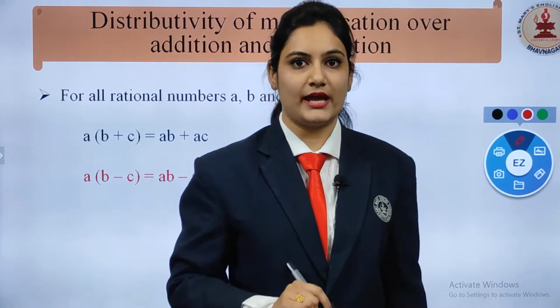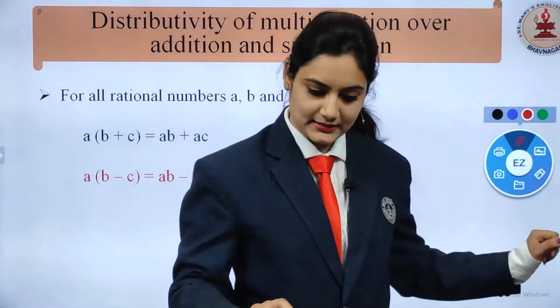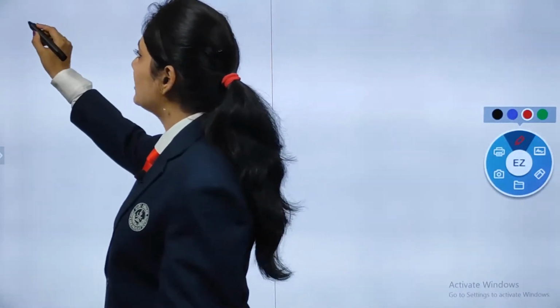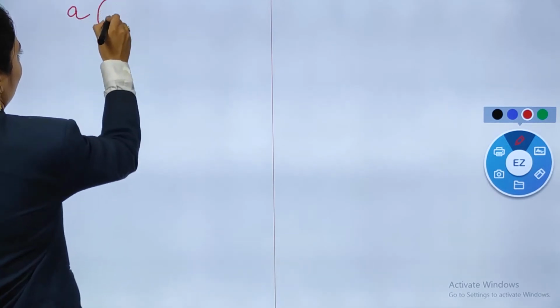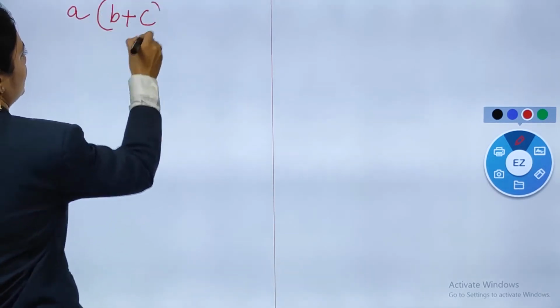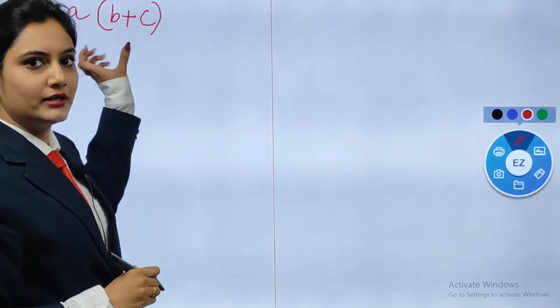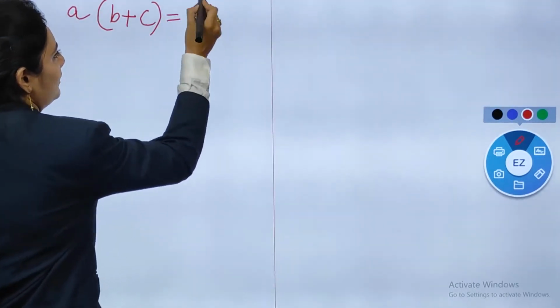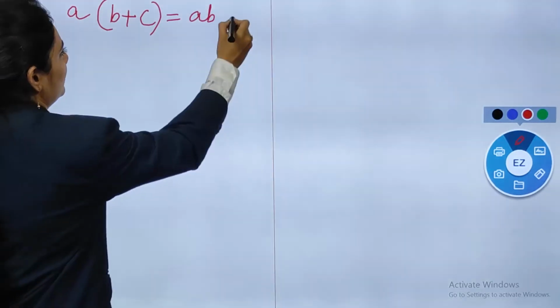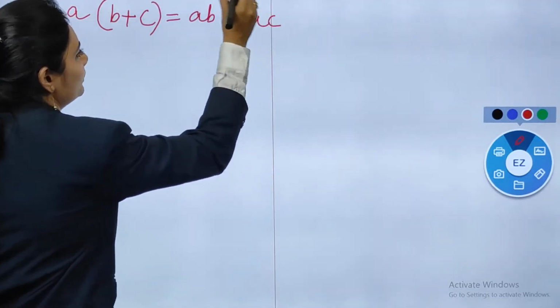Now we were taking one example. Now we will understand how to do that sum. What was the question in the generalized form of distributivity of multiplication over addition? See children, here it was a multiplied with b and c, where b and c are in addition inside the bracket, which was equal to a multiplication with b plus a multiplication with c.